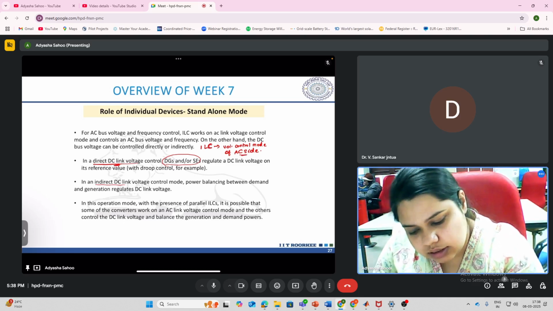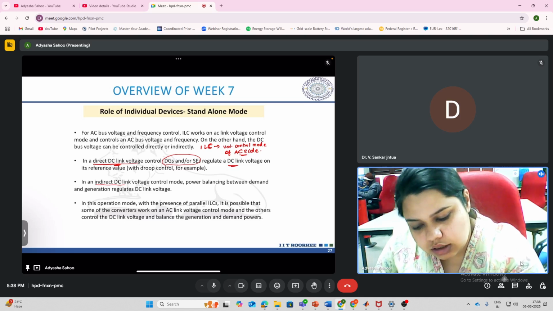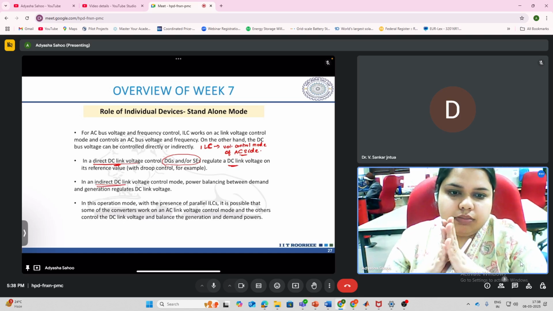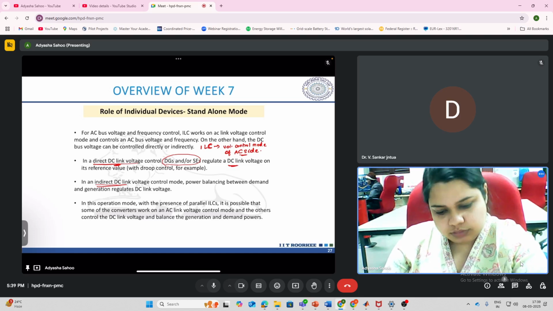Here it is fixed that the ILC will control the AC side. In the direct DC link voltage mode, the DG will regulate the DC link voltage, and in the indirect DC link voltage mode, the power mismatch will determine the voltage of the DC. You're not directly controlling the voltage here; how you are matching the generation with the demand will determine the voltage at the DC bus.